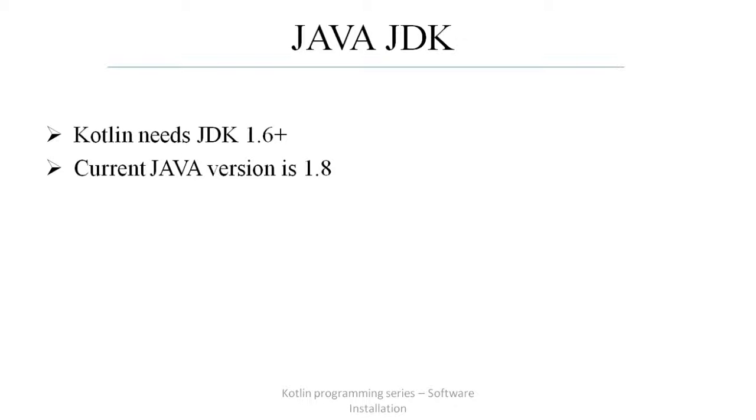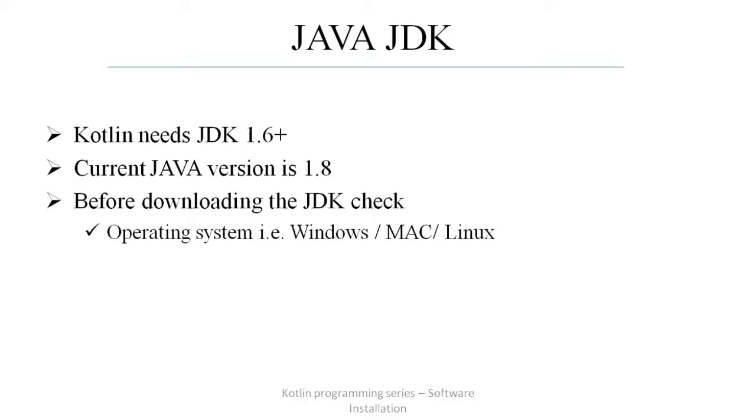Before installing the JDK, that is Java Development Kit, we need to check two things. First one is the operating system on which we are going to write the program, and the system type, that is whether system is of 32-bit or 64-bit, and based on this we will install the JDK.